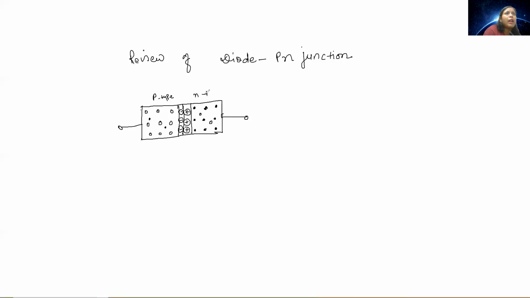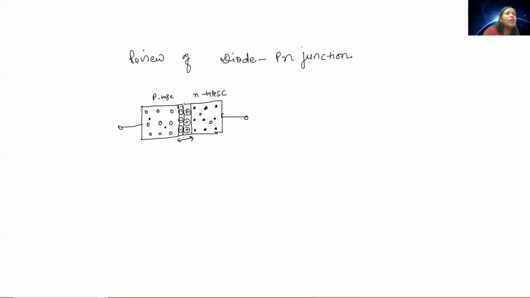So this is my n-type semiconductor. This particular region where I'm showing the ions only is called the immobile ion region or depletion region. This is the region where the ions exist, where the ions remain.